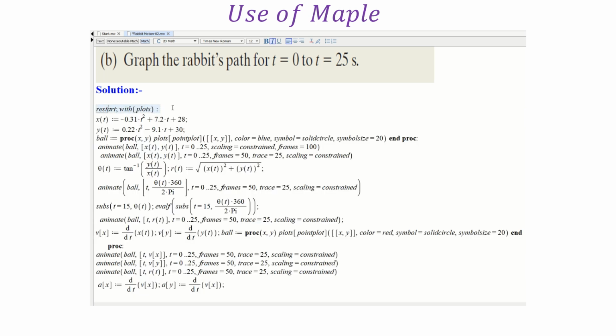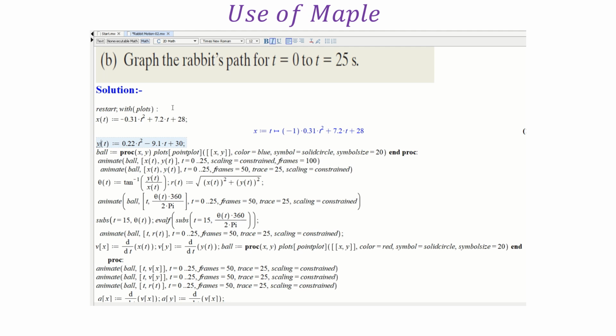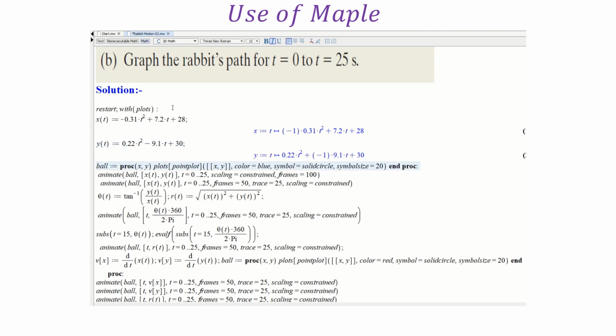Restart will clear all accumulators, and with plots will enable the plots module. Position x is a parametric function of time by this equation x of t. Similarly, y of t. I am defining a ball which will track the position xy, and the ball will be blue, and symbol size is selected as 20.